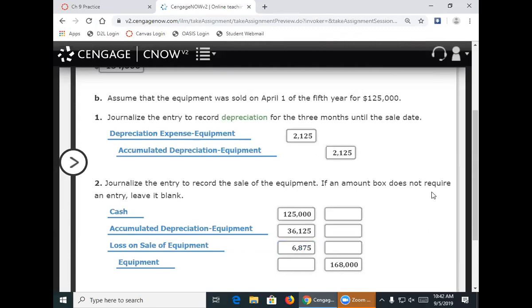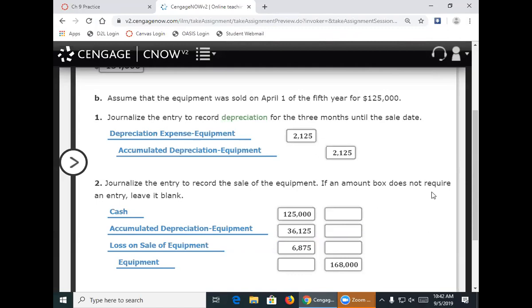Why are we doing the opposite? We are closing those out because we got rid of the equipment. So we sold the equipment, so we want the equipment and its depreciation off of our books. We'll still have that depreciation expense show up on our income statement, but we don't want that equipment on our balance sheet at all anymore because we no longer own it.